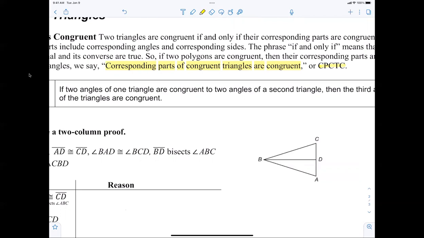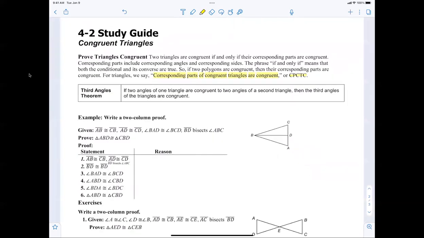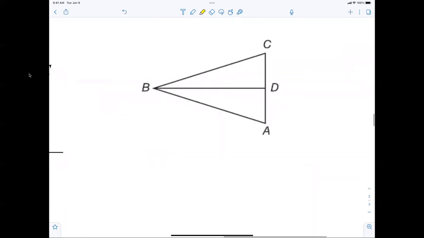So if I'm looking at this triangle right here, if I told you that BCD is congruent to BAD, then what is in fact true? Their parts are congruent. Thank you.